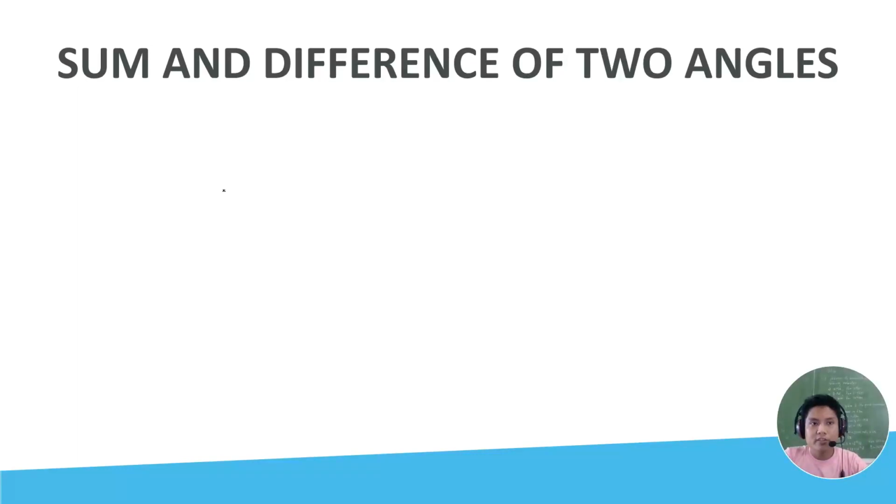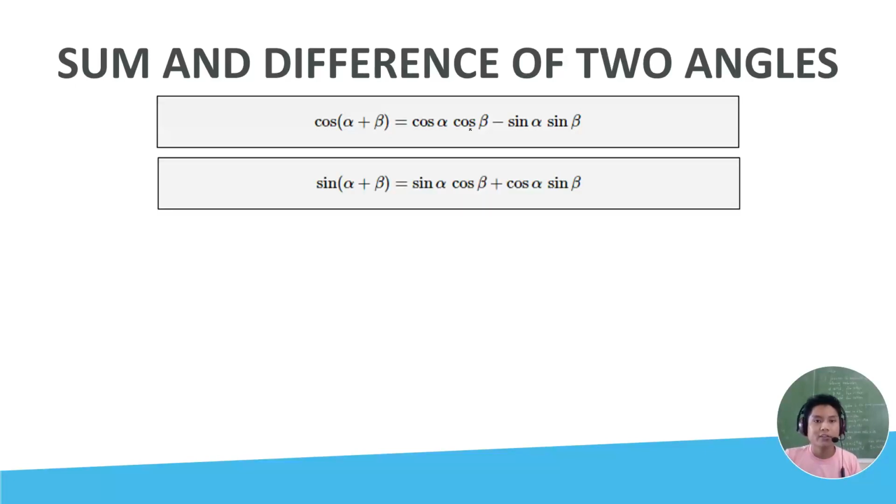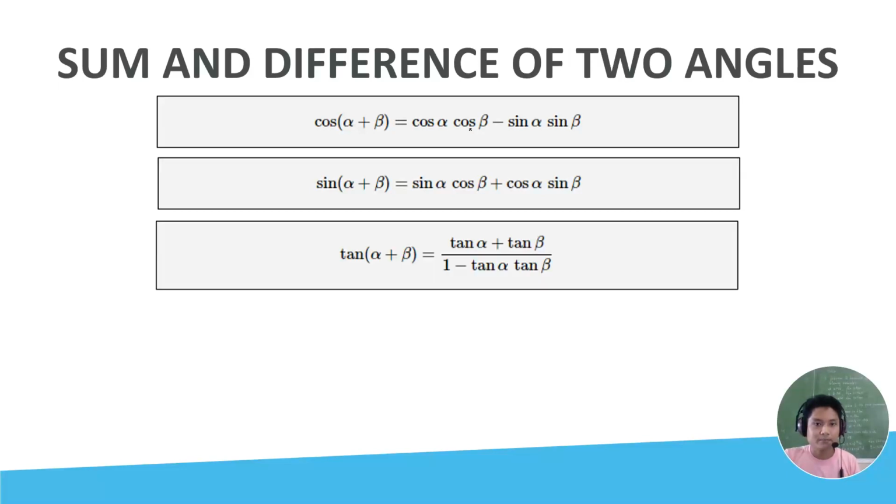For trigonometric functions that have a sum and difference of angles, it can be written into a new form. Cosine alpha plus beta is equal to cosine alpha cosine beta minus sine alpha sine beta. Sine alpha plus beta is equal to sine alpha cosine beta plus cosine alpha sine beta.